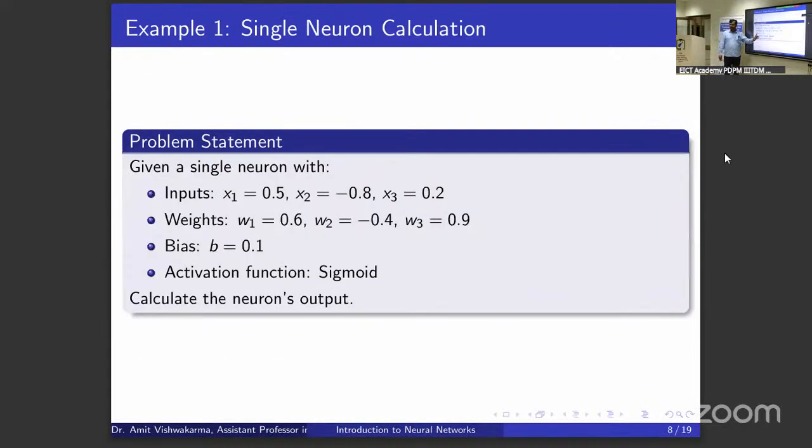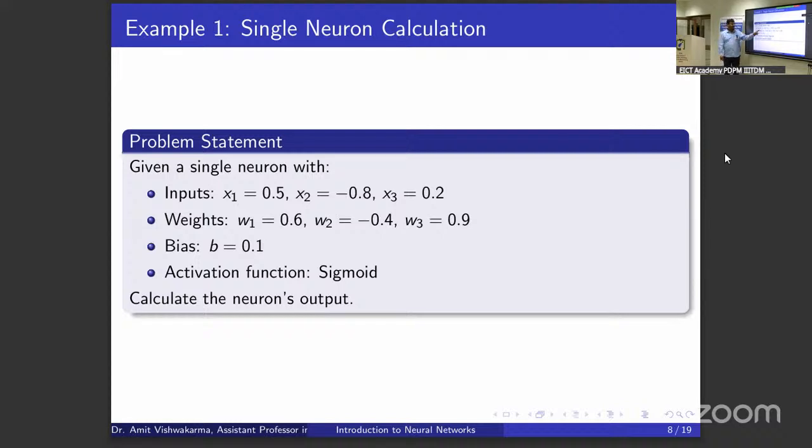From this information, we know we have to compute something like Wx plus B. That means x1 W1 plus x2 W2 plus x3 W3 plus B, which is this. And the activation function we have to use is sigmoid.